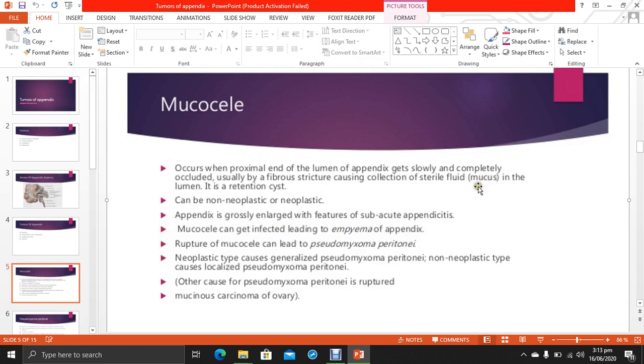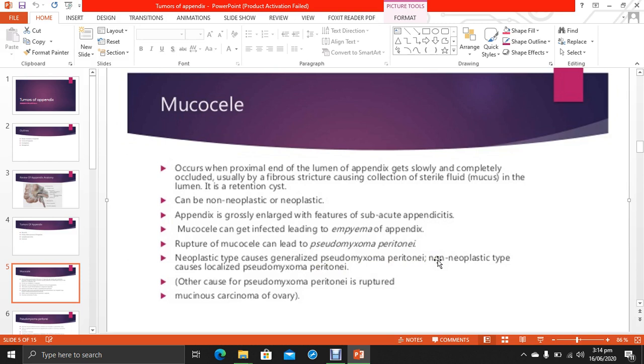Mucus collects and a cyst develops. If it becomes infected, empyema will develop, and when this mucocele ruptures it can lead to pseudomyxoma peritonei, and the neoplastic type causes generalized pseudomyxoma peritonei. Actually, this is nothing but a malignant condition.